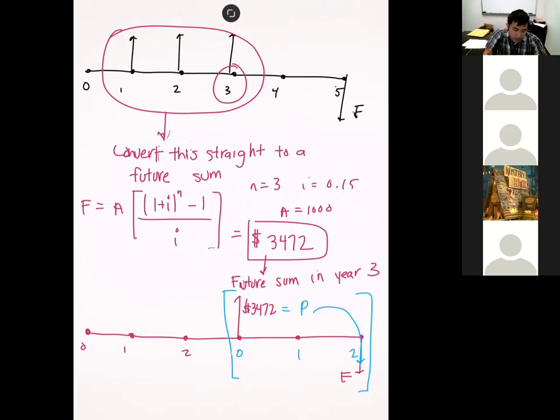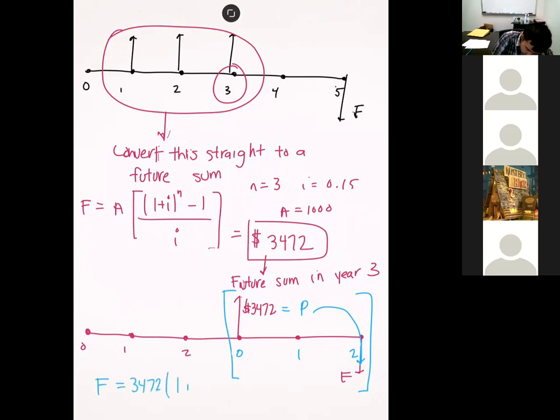Okay? And so instead of bringing that uniform series back to year 0 and then converting from there, we're taking that uniform series, converting it into a single sum on year 3, and then doing one more conversion to bring it forward onto year 5. Okay. All right. And so let's say that now we can say that F is equal to P, where P here is 3,472.